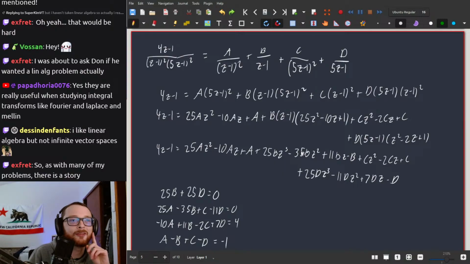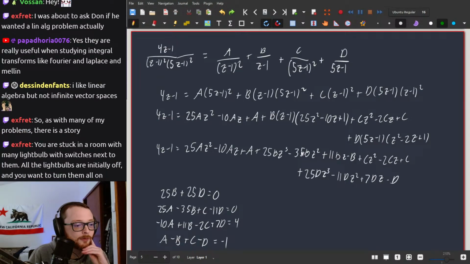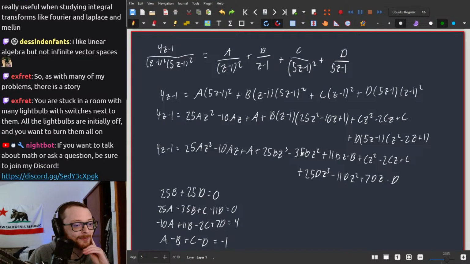Yeah, I think the last place I saw them mentioned is when I was looking into wavelets, which are like a Fourier transform, but more localized. Ooh, okay, this is gonna be a fun setup to a problem. I can already imagine making a vector for the state of the light bulbs, or the light switches.